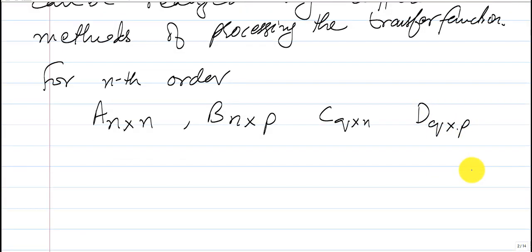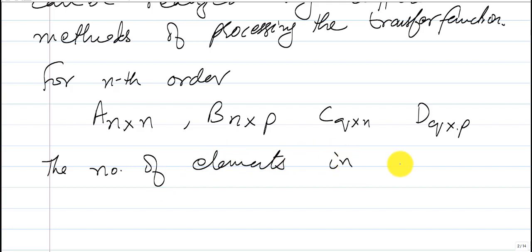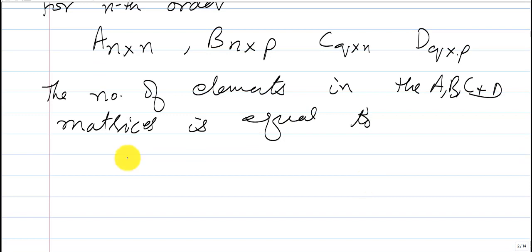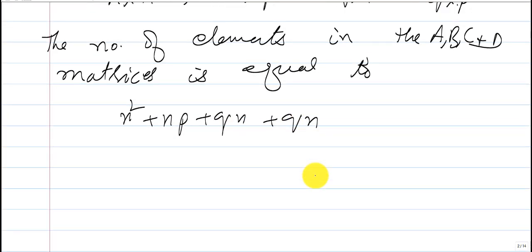So the number of elements in the A, B, C and D matrices is equal to n square plus np plus qn plus qp, which is normally a very huge number. That's why we want the minimum non-zero elements in our matrices.